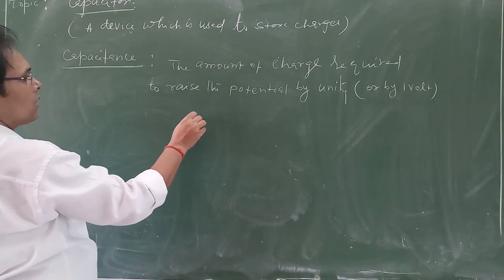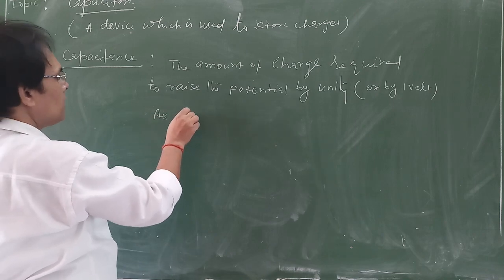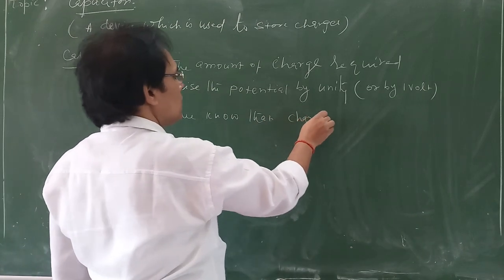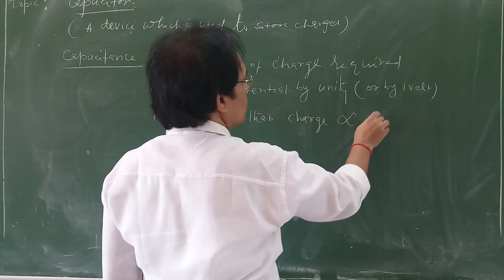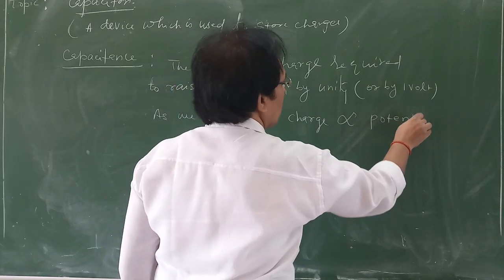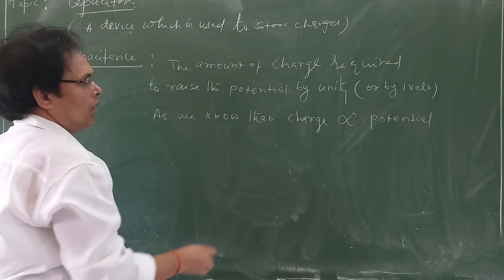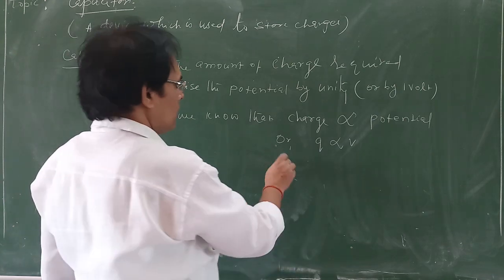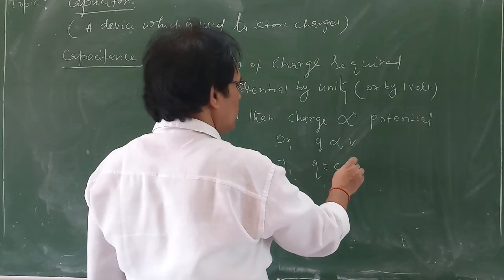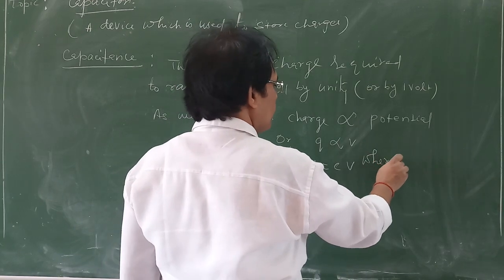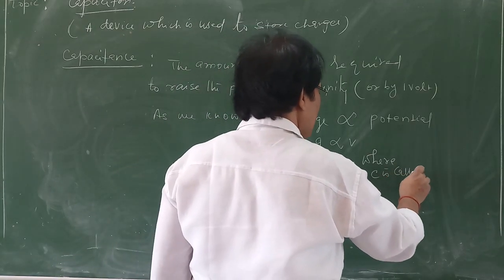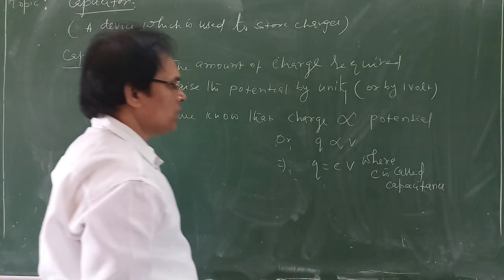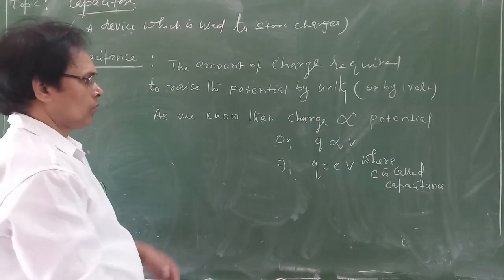So as we know, charge is directly proportional to potential, or Q is directly proportional to V. Therefore, Q equals a constant times V, Q = CV, where C is called capacitance.